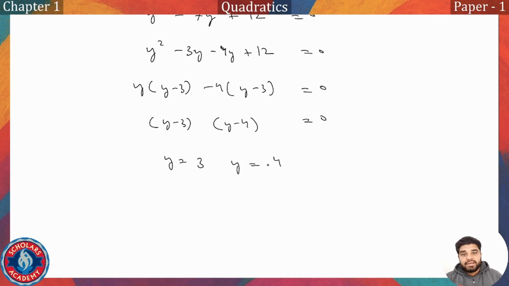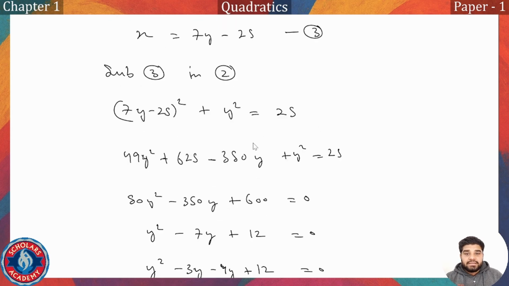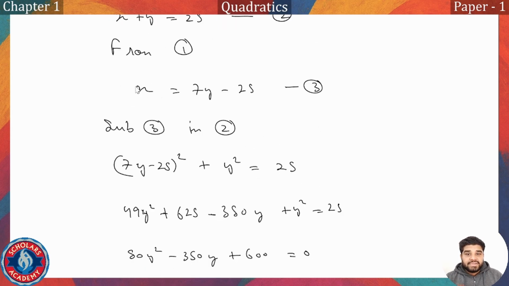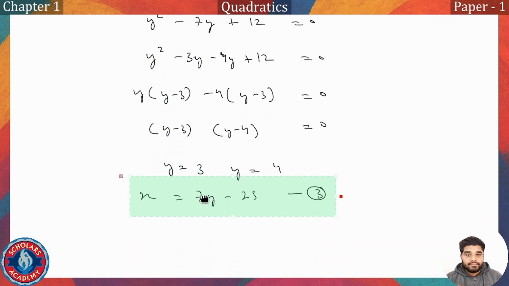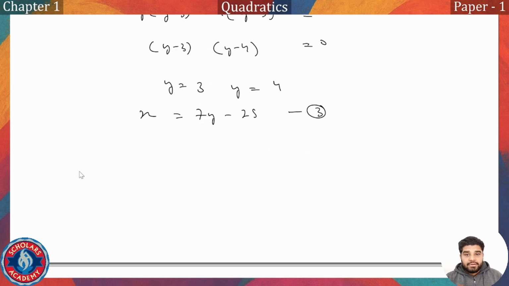So two values for y. If I substitute that in the third equation, alright, so I substitute it over here. For y is equal to 3, I get x is equal to 7 times 3, 21 minus 25. So x is equal to negative 4.